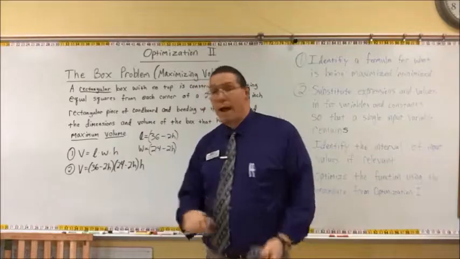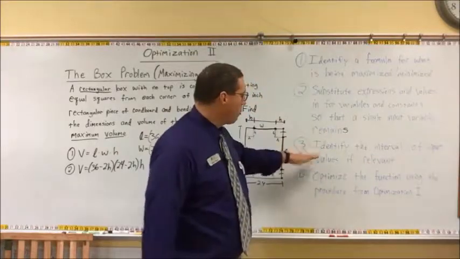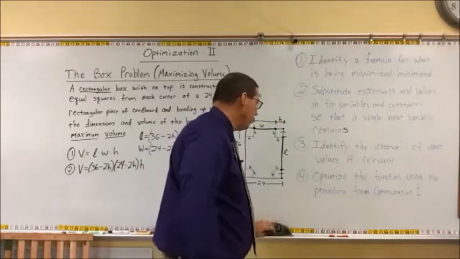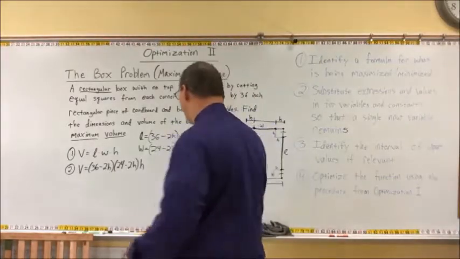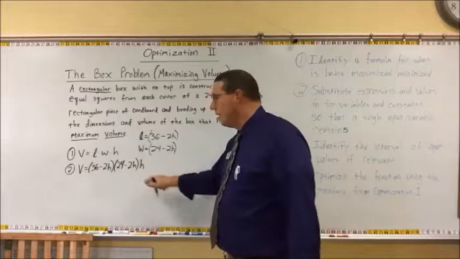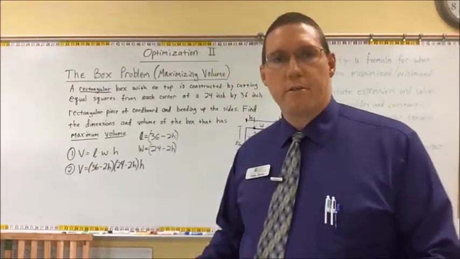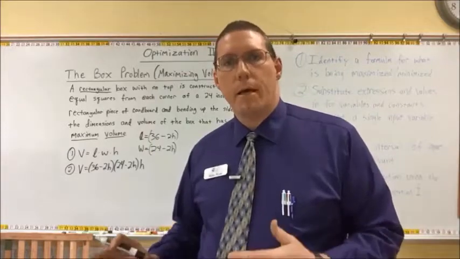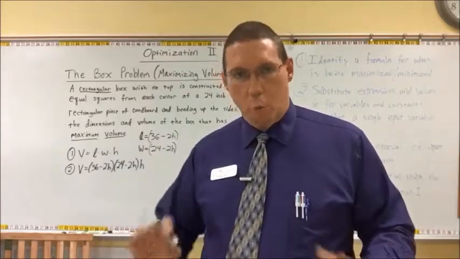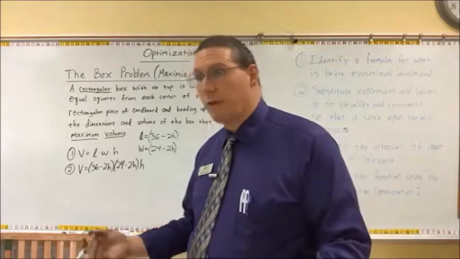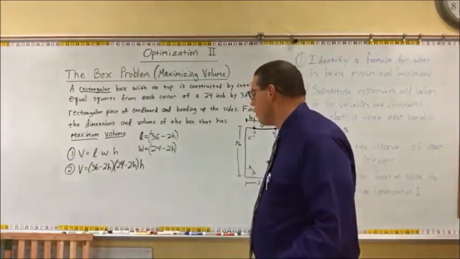Okay? And so now we can look at step 3. It says identify the interval of input values if relevant. Well, it is relevant here. Height cannot be a negative value. Geometric distances cannot be negative. In geometry, in the world of space, all distances are positive, or they are 0, which means there is no distance.